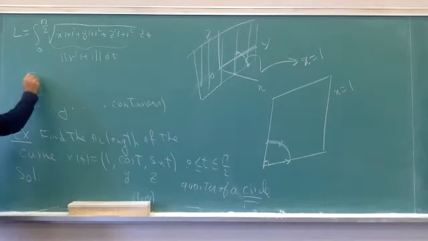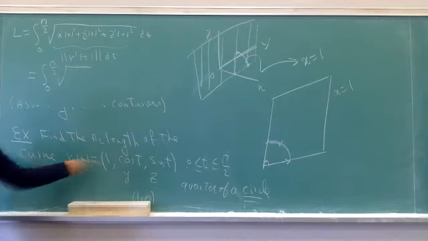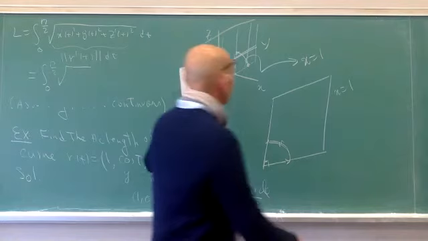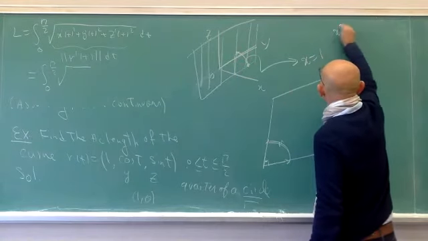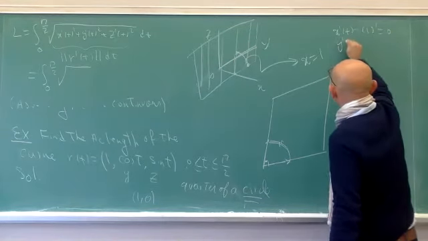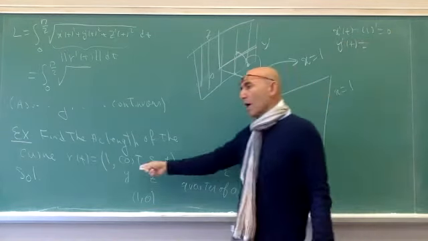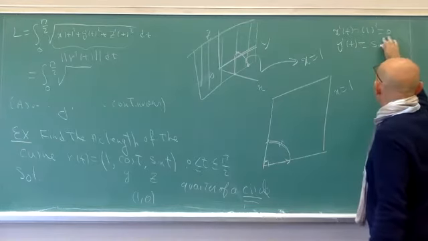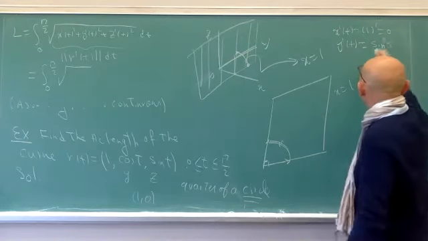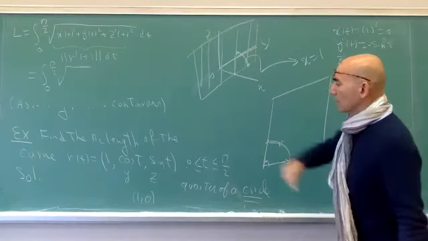So what is x prime of t now? It's 0, since 1 prime is 0. What is y prime of t? That's negative sine t, sorry. And z prime of t is cosine t.